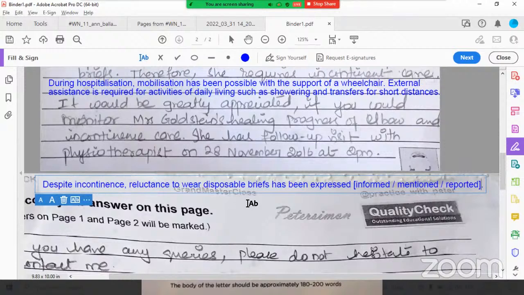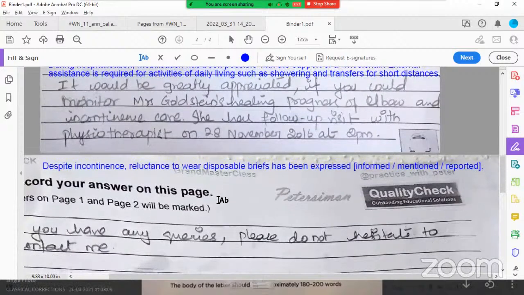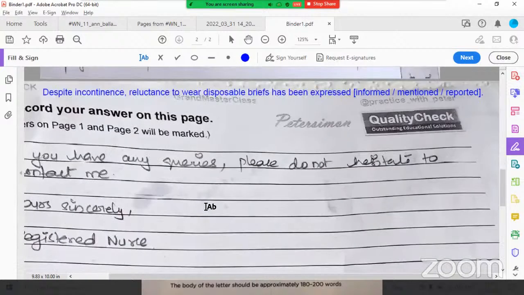Based on the above mentioned circumstances, or in view of the above, or according to the above circumstances, above discussed conditions, many points are there. You can write whatever you want. That's not a problem. But it would be greatly. Why should we appreciate somebody to do their duty? There is no need.